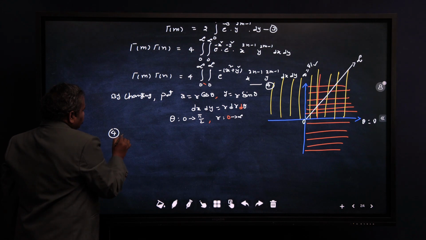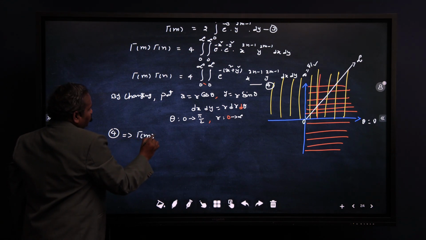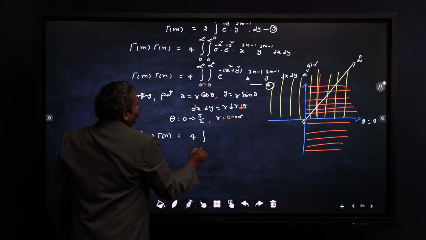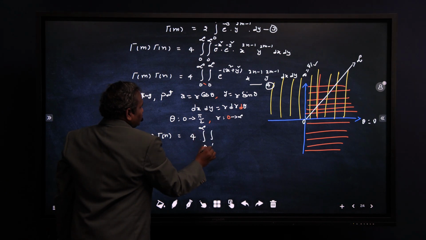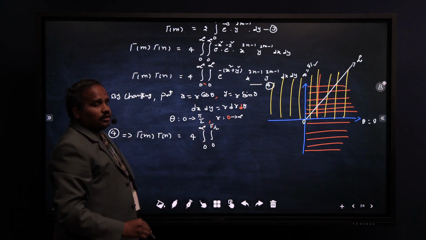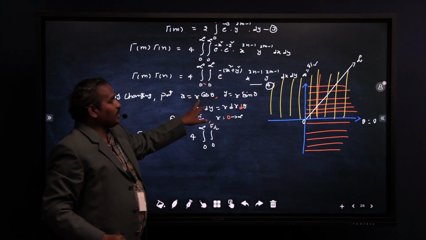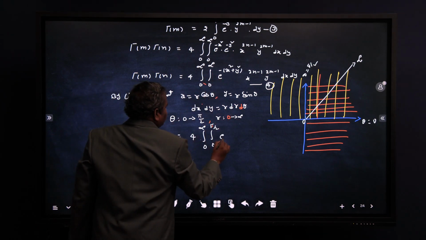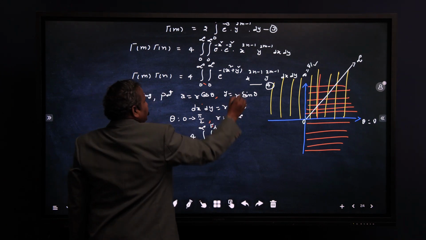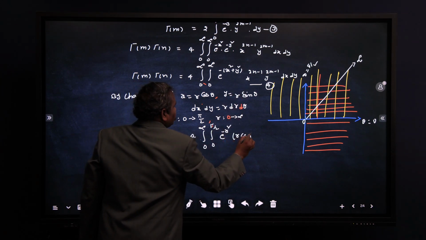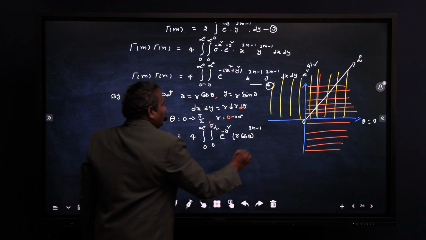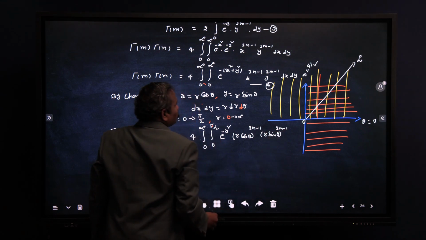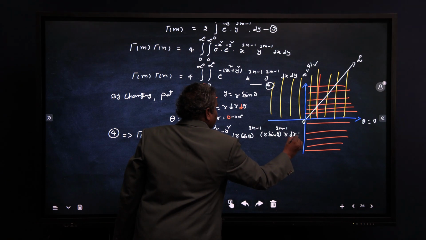Equation 4 implies gamma of m into gamma of n is equal to 4 into integral with limits 0 to infinity, 0 to pi by 2, e power minus (x square plus y square). X square is r square cos square theta, y square is r square sin square theta, so x square plus y square changes to r square. X value is r cos theta power 2n minus 1, y value is r sin theta power 2m minus 1, dx dy is r dr d theta.